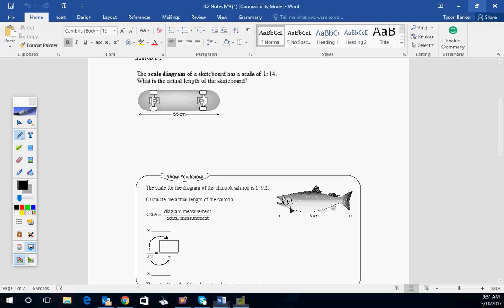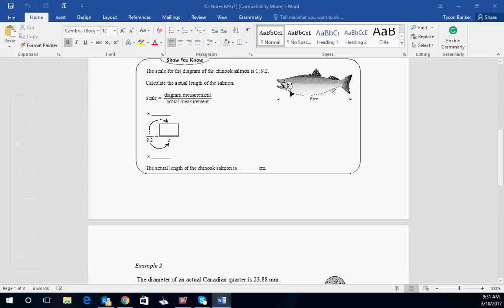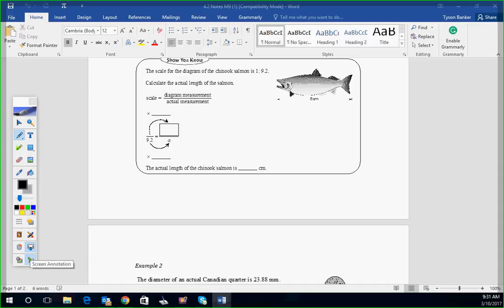Okay, good. The scale for the diagram for the Chinook salmon is 1 to 9.2. Calculate the actual length of the salmon. Okay, so scale, diagram measurement. They're just showing you how this works mathematically. So 1 to 9.2, 5 to A. We know it's a scale of 1 to 9.2, and so I'm essentially going to cross multiply.